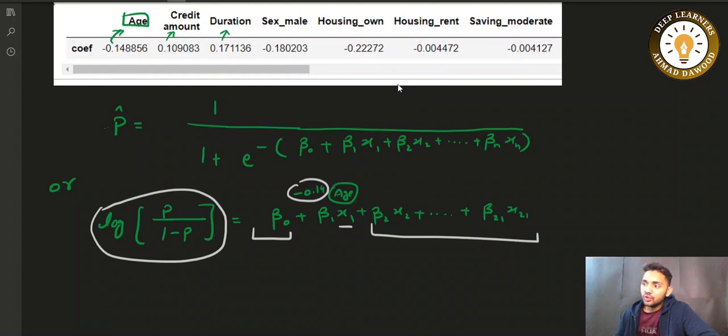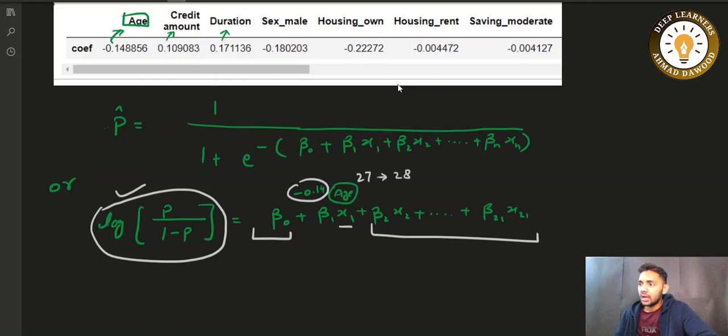When previously you had age 27, and now you increase it from 27 to 28, there will be minus 0.14, meaning a 0.14 decrease in this term. This is actually what the coefficient means here.